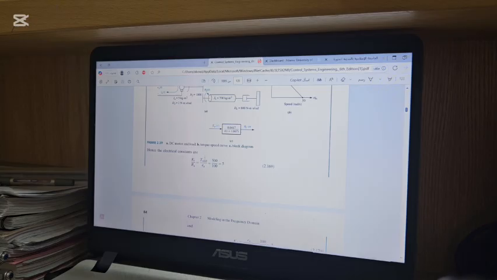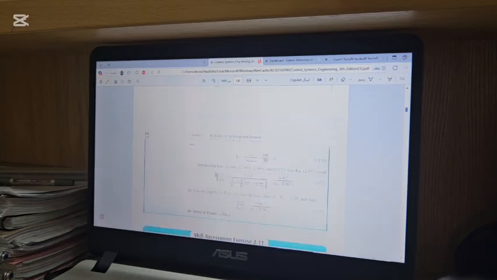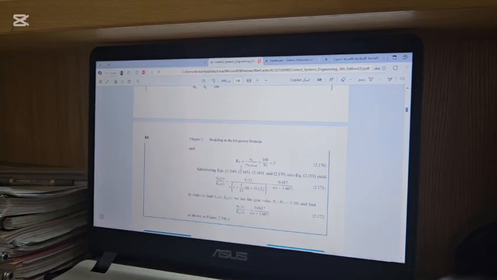So this is the relation, and we can continue to find KB, which is EA over omega with no load. The omega with no load equals 50 and EA equals 100, so KB equals 2.